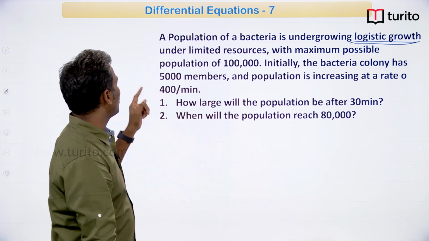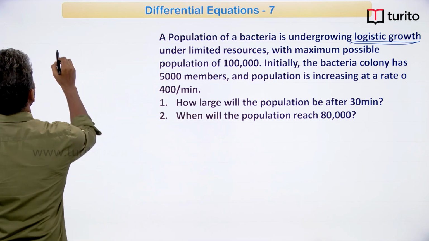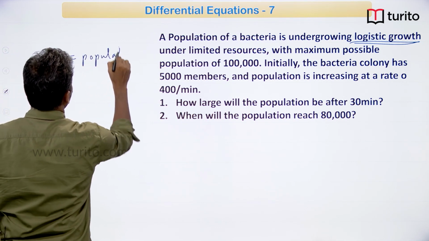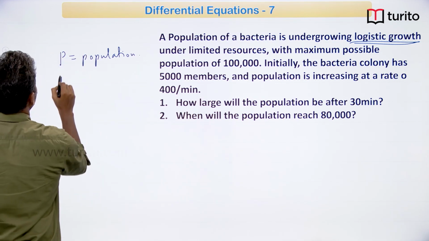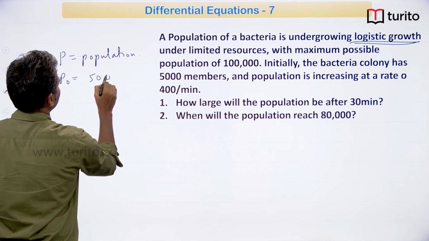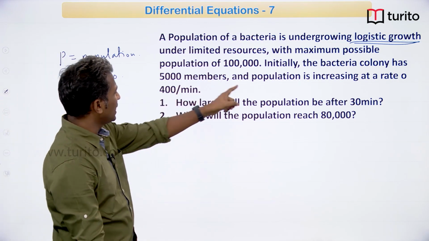Initially, the bacteria colony has 5,000 members. If we take the population as P, P stands for population, then P naught is given as 5,000 members. And what else?